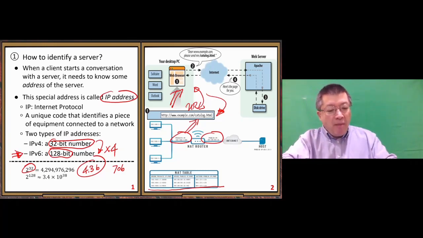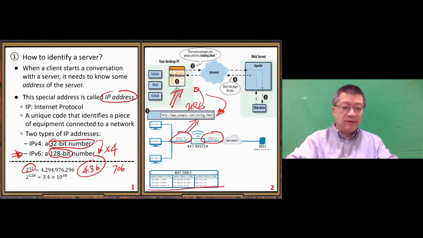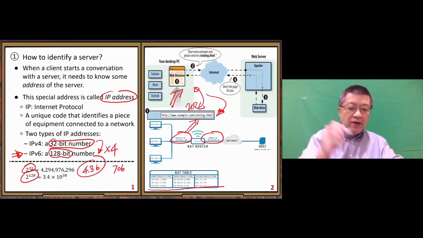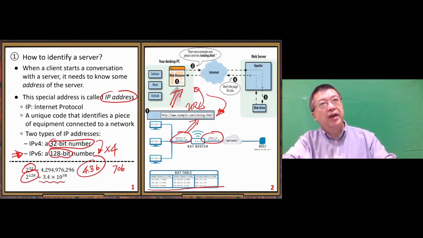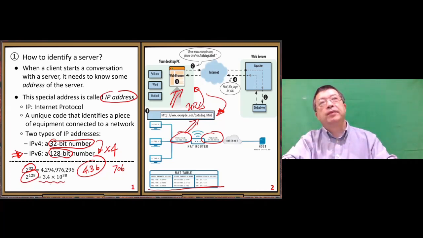How many IPv6 addresses? If we calculate this way, it is approximately 3.4 times 10 to the 38th power. That big.